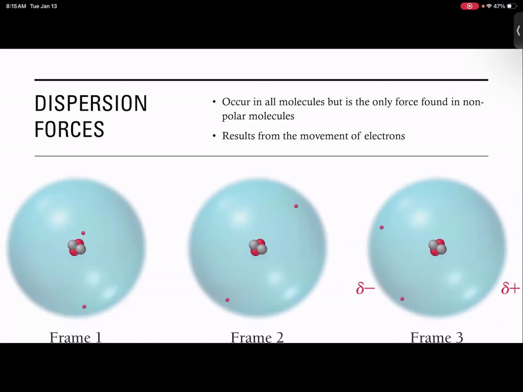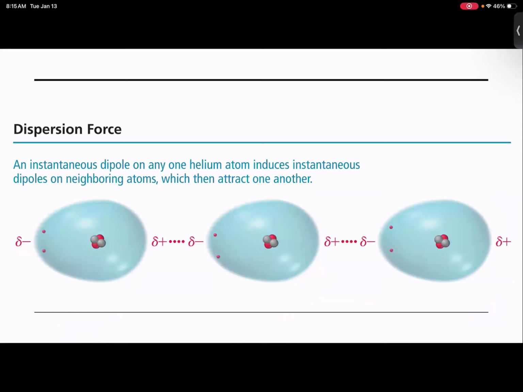So again, a dispersion force is a temporary dipole. Every single molecule has dispersion forces because every single thing has electrons that are in constant motion. Now, one molecule winds up having these electrons on one side, forming this partial negative and partial positive.